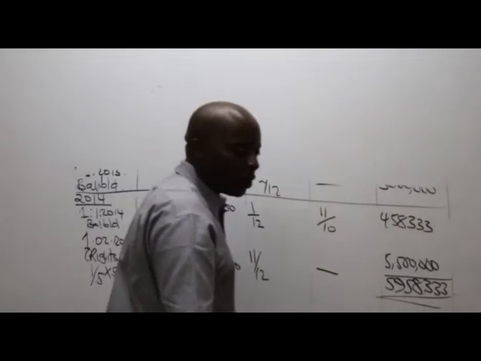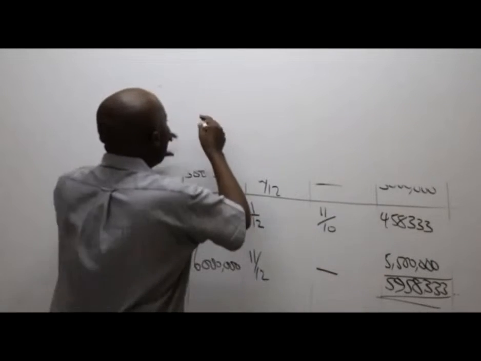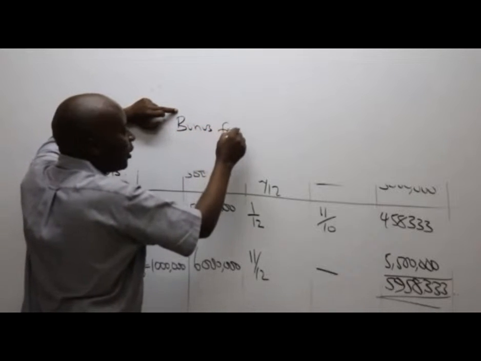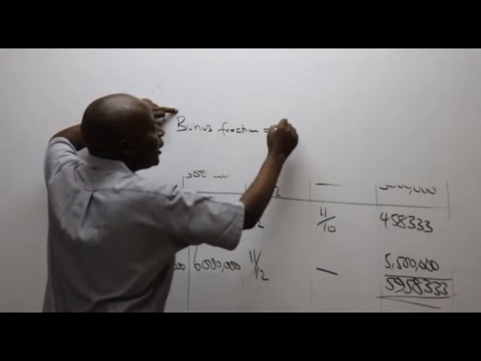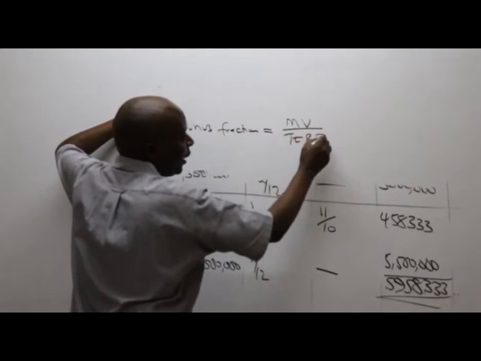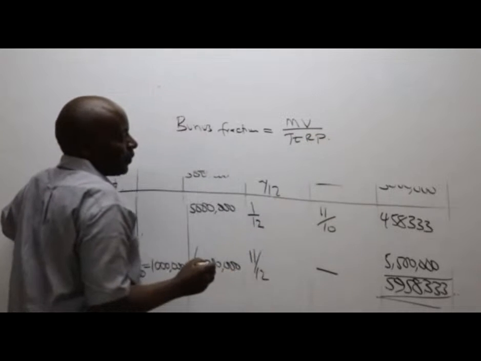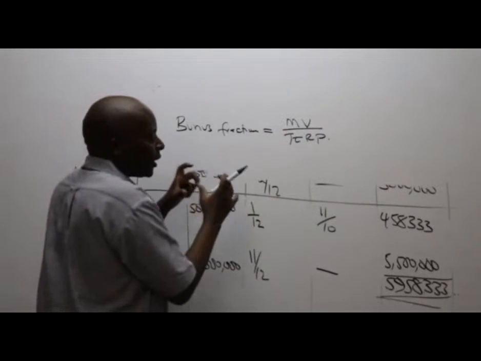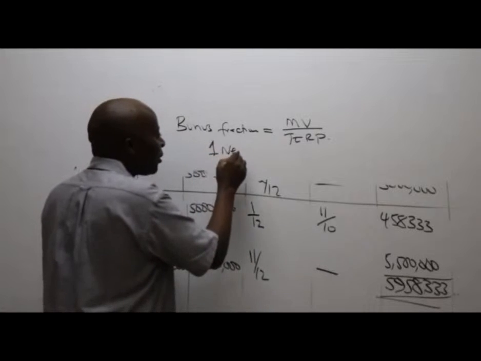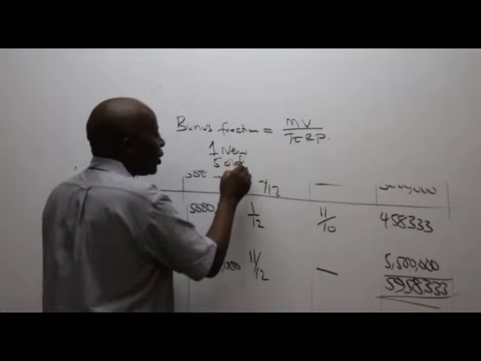Where did we get that fraction from? This fraction we call the bonus or rights fraction, the bonus fraction. What we've done is to take the market value before the rights divided by what we call the theoretical ex-rights price. And remember, to get the theoretical ex-rights price is very easy. Like here they have told us it is 1 new for every 5 old shares.